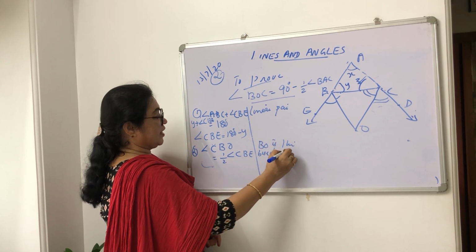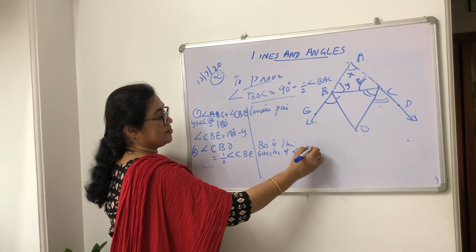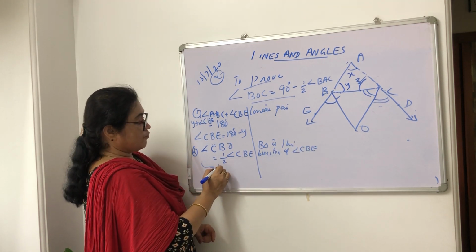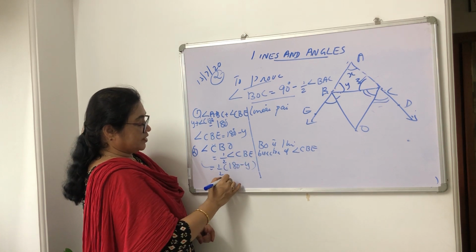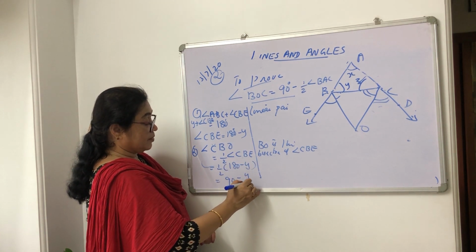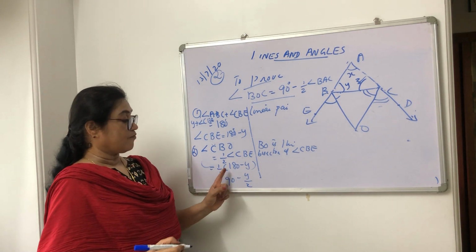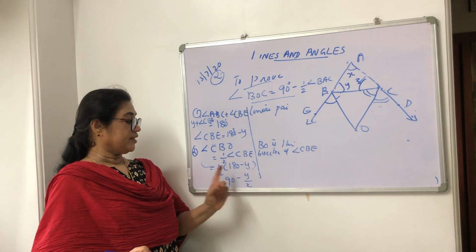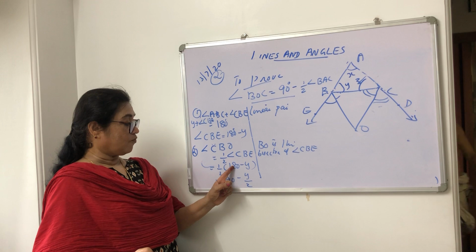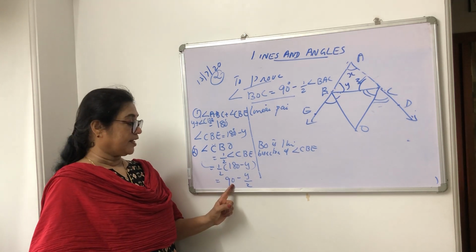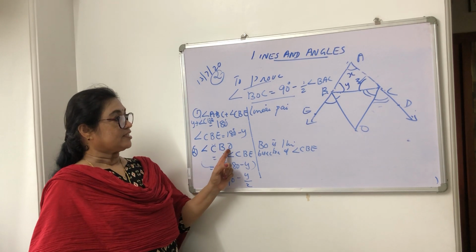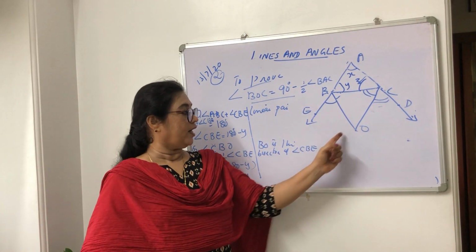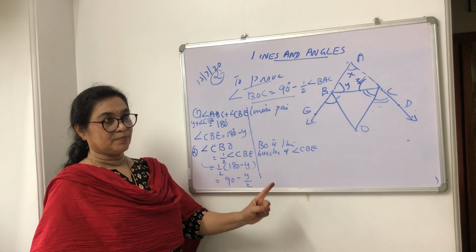Half of 180 minus Y is 90 minus Y by 2, that is half into 180 minus half into Y. Half into 180 is 90, half of Y is Y by 2. So you got CBO as 90 minus Y by 2.